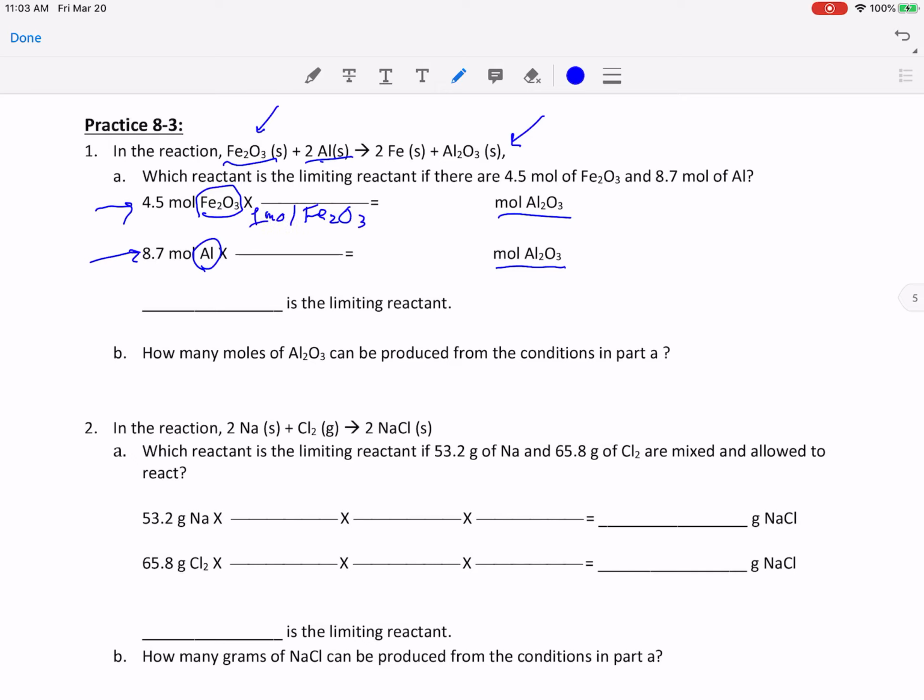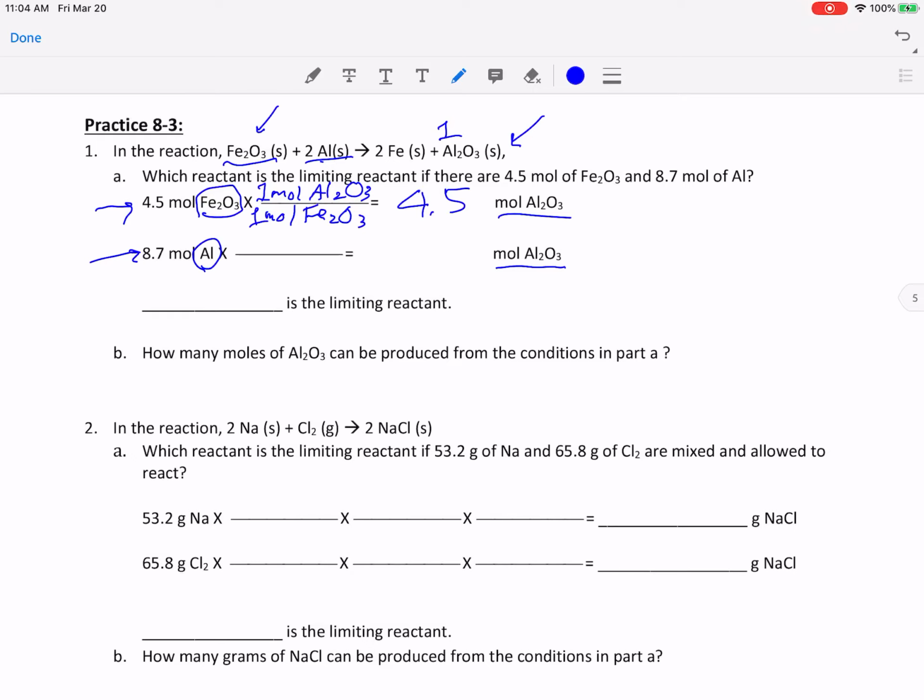And the mole of aluminum oxide here is just 1 mole, so it's a 1-to-1 ratio. But you have to have this conversion factor to get from mole of iron oxide to mole of aluminum oxide. So 4.5 mole times 1, so 4.5 mole of aluminum oxide will be produced from 4.5 mole.